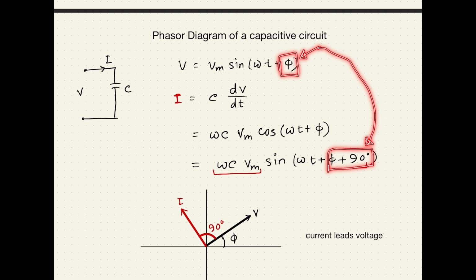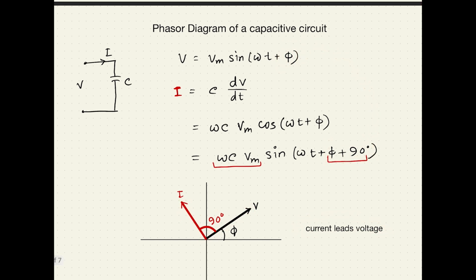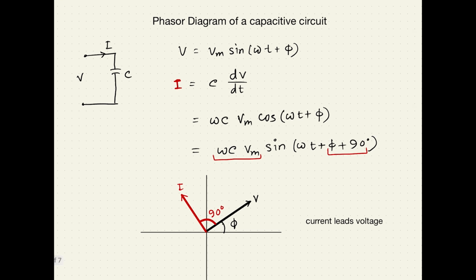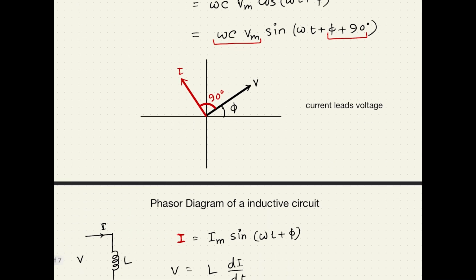In electrical terms, this is called current leads voltage by 90 degrees. That's why we have put V here, and then we have put I 90 degrees counterclockwise of V. From this manipulation, we find an interesting finding: in capacitive circuits, current leads voltage.